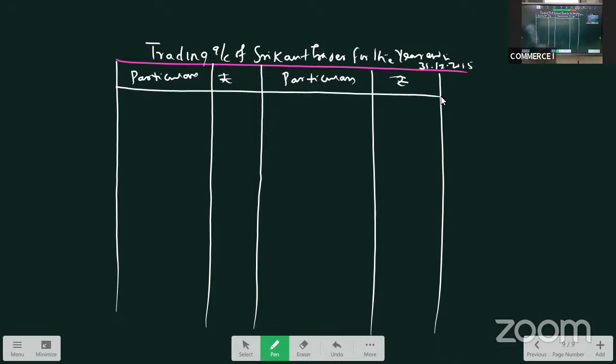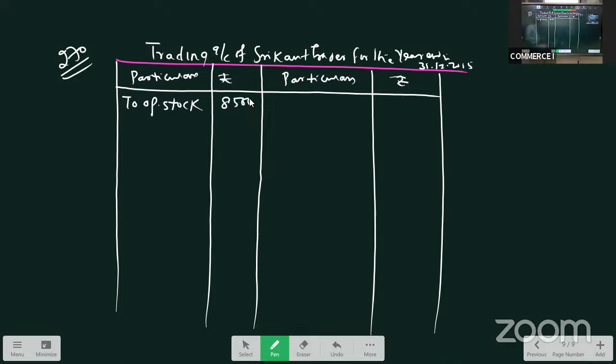See, as I told you, page number 270 of your academy textbook. First item given is stock. Stock will be taken on the debit side. Opening stock. What is the amount? 8,500.